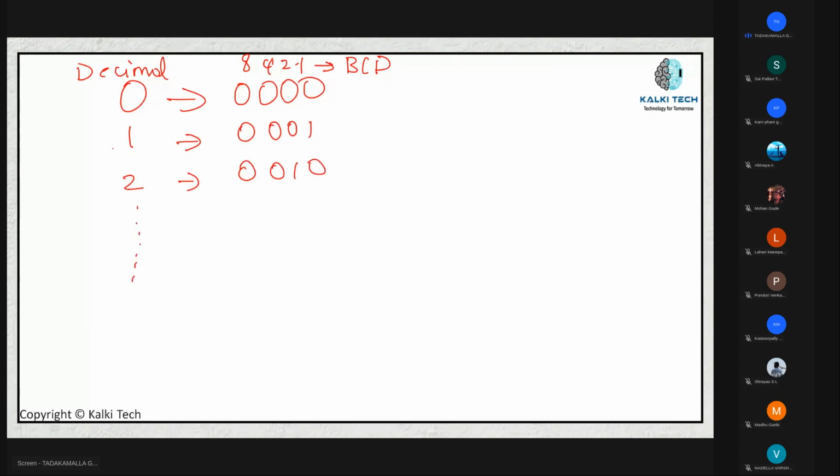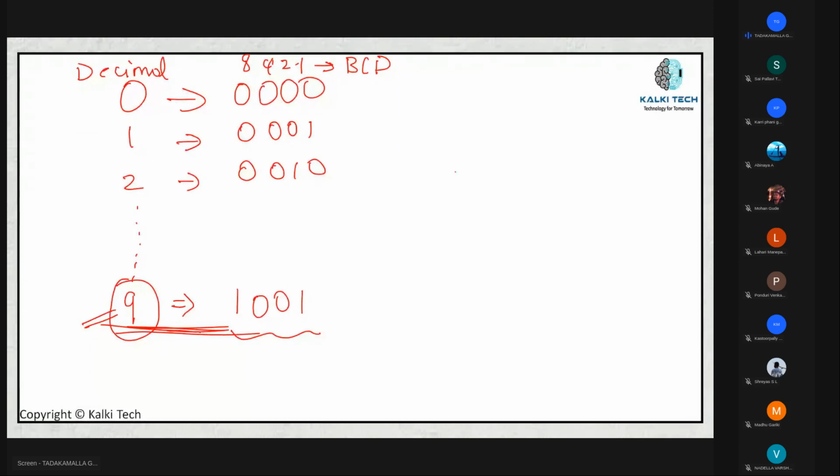We have BCD representations only up to 9, that is 1001. Up to the decimal number 9 we can write the BCD equivalents.